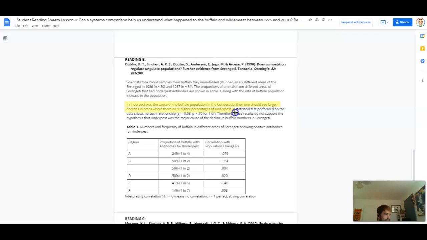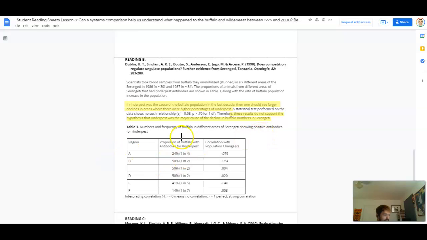Make sure to review these highlighted spots. You can pause the video. A statistical test performed on the data shows no such relationship. Therefore, these results do not support the hypothesis that rinderpest was the major cause of decline in the buffalo numbers in Serengeti.